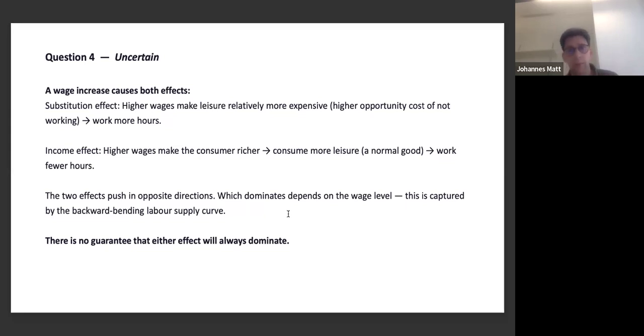But if your income is already very high, then an additional increase in wages will not incentivize you to work more, but shift towards leisure consumption, and therefore, in that case, the income effect dominates the substitution effect. All right, so in that sense, we can conclude that this statement is uncertain, and which effect actually dominates depends on your level of income.